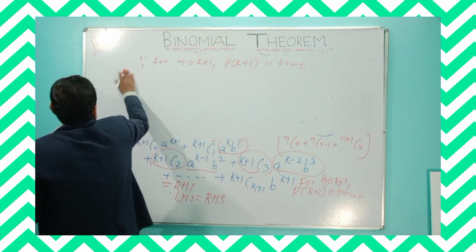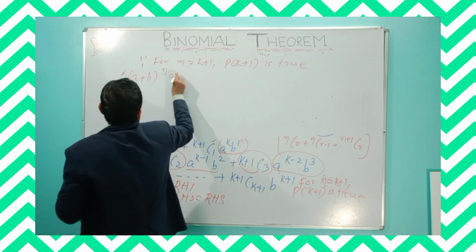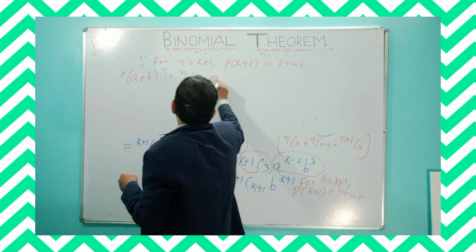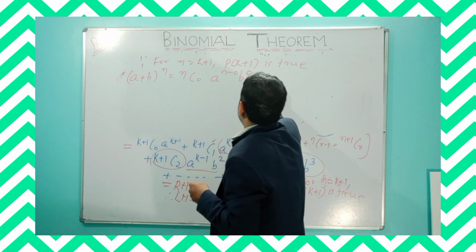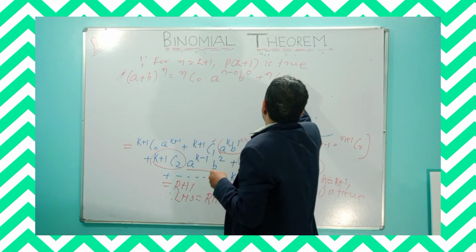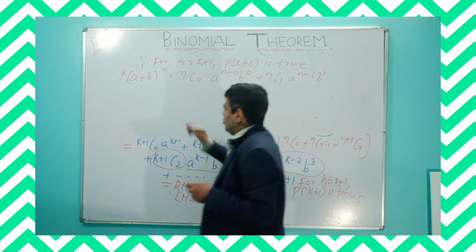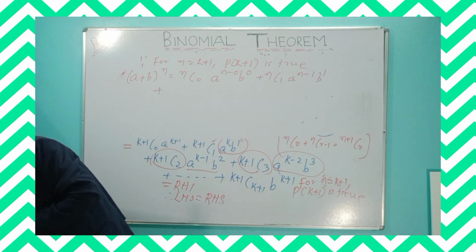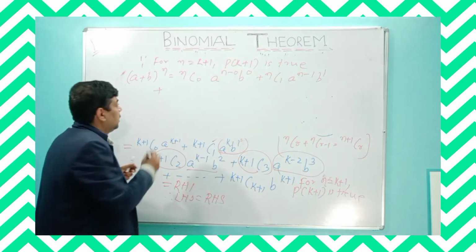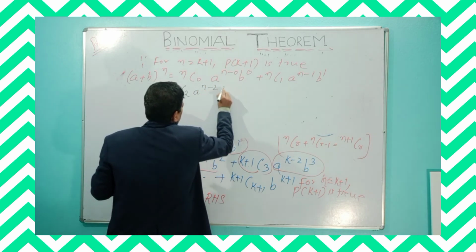P(n), or (a plus b) whole to the power n, which is nC0 a to the power n minus 0, b to the power 0, plus nC1 a to the power n minus 1, b to the power 1, plus nC2 a to the power n minus 2, b to the power 2.